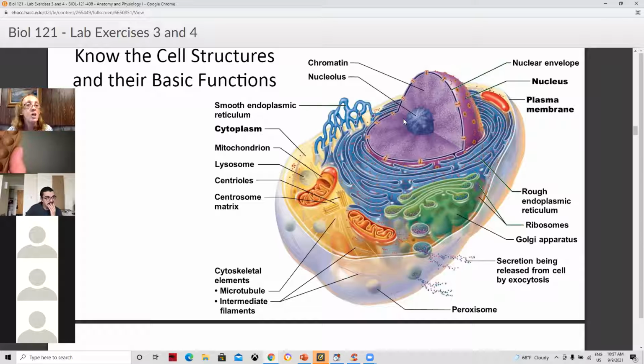We have smooth endoplasmic reticulum, which helps to create lipids, meaning oils, and steroids. We have rough endoplasmic reticulum, which is involved in processing the proteins that are created.